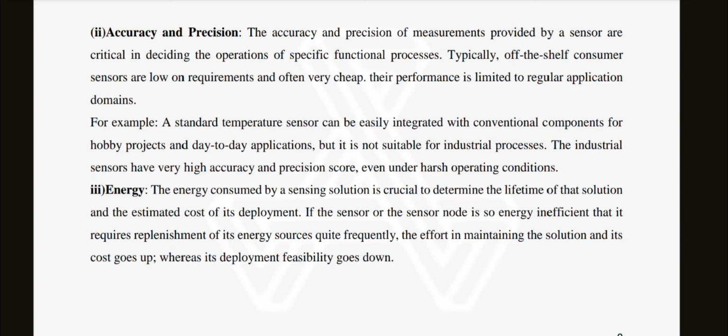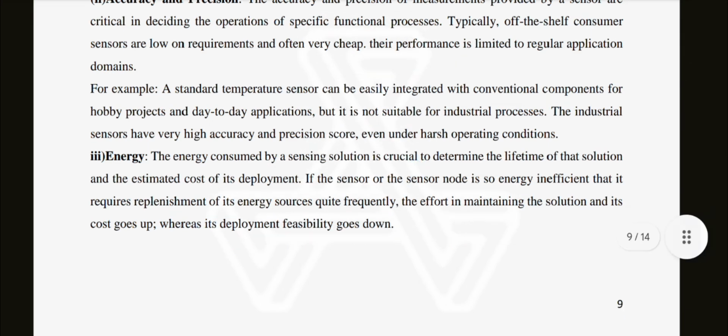Accuracy and precision. The accuracy and precision of the measurements provided by a sensor are critical in deciding the operations of specific functional processes. Typically, off-the-shelf consumer sensors are low on requirements and often very cheap.